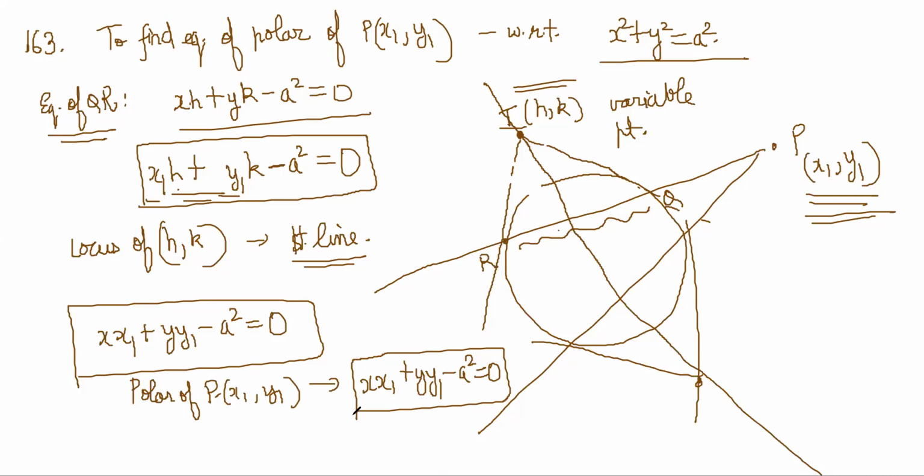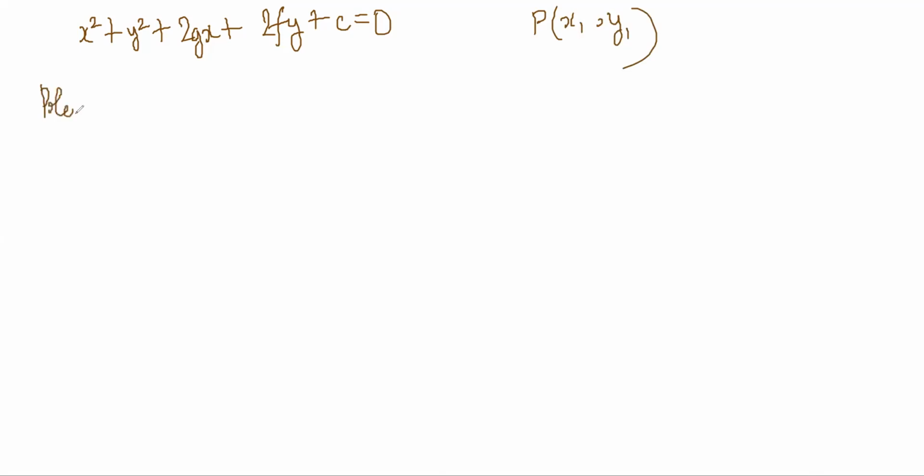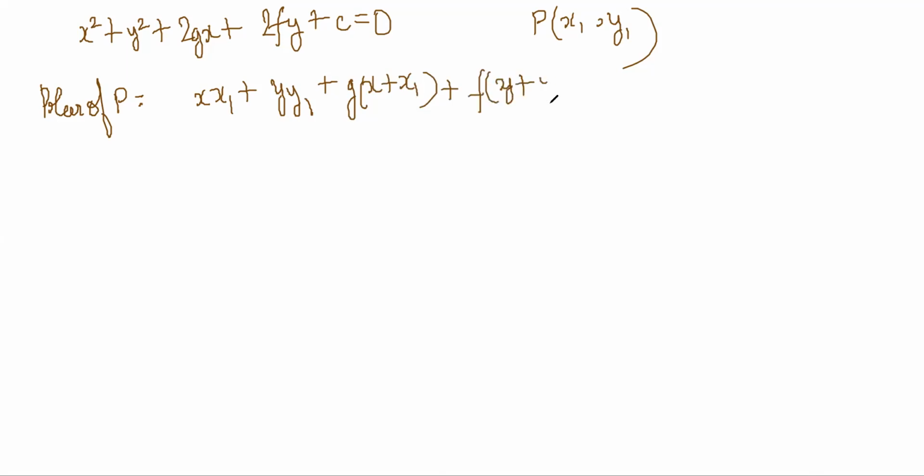In a similar manner, he's saying at the end of that section that if you have a circle like x square plus y square plus 2gx plus 2fy plus c is equal to 0, and you have a point P x1 comma y1, we can prove that the polar of point P will be x x1 plus y y1 plus g times x plus x1 plus f times y plus y1 plus c is equal to 0.